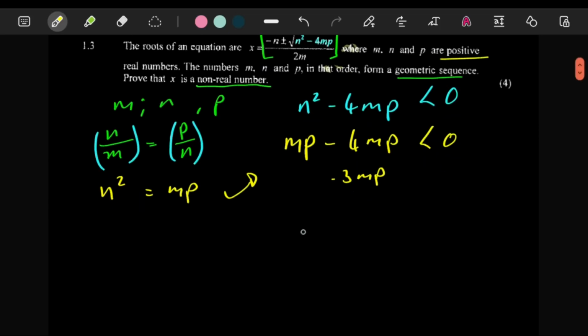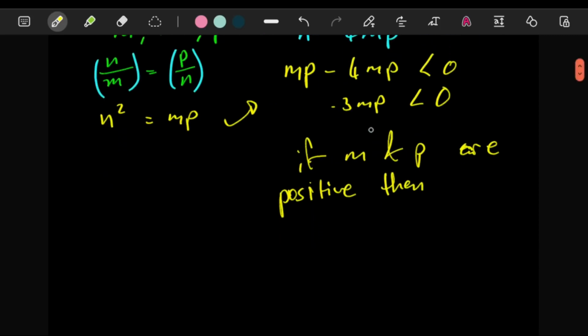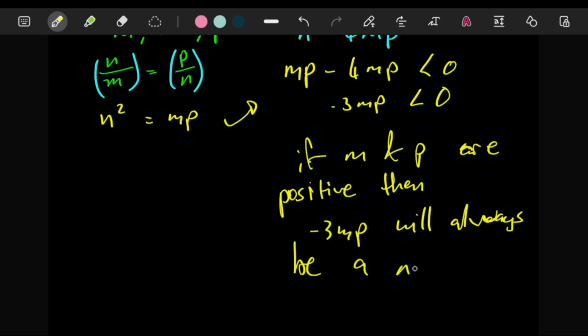So if m and p are positive, then negative 3mp will always be a negative.